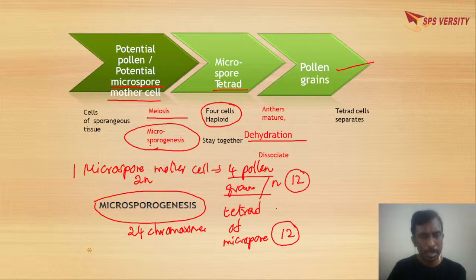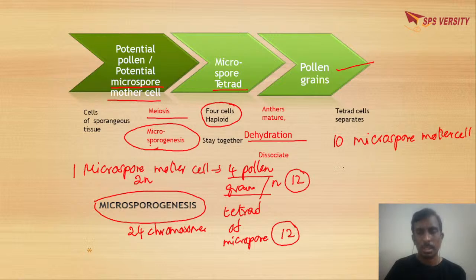At the same time, we should remember the number of pollen grains formed from the microspore mother cell. Suppose there are 10 microspore mother cells, how many pollen grains are formed? From each mother cell, 4 are formed.